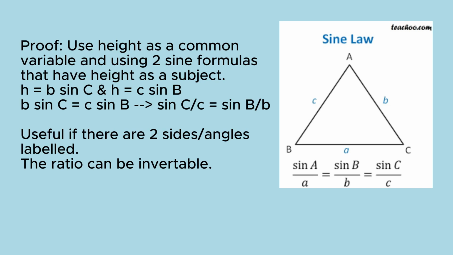The ratio can be inverted, meaning that the sine functions and the variables can flip upside down, so long as all the ratios for these three have the same value, the sine law will still work. Thus, the sine law is so useful, and it can be used to find the side and angle.